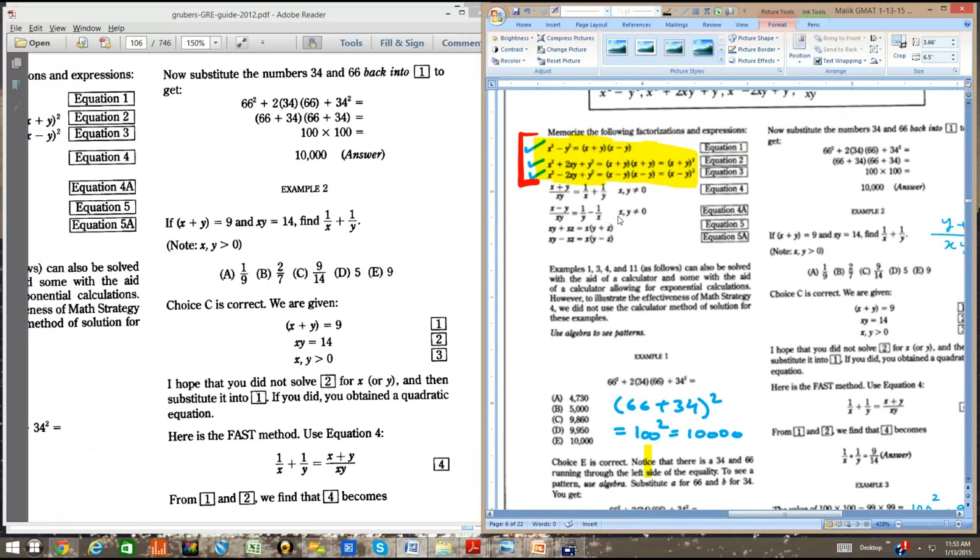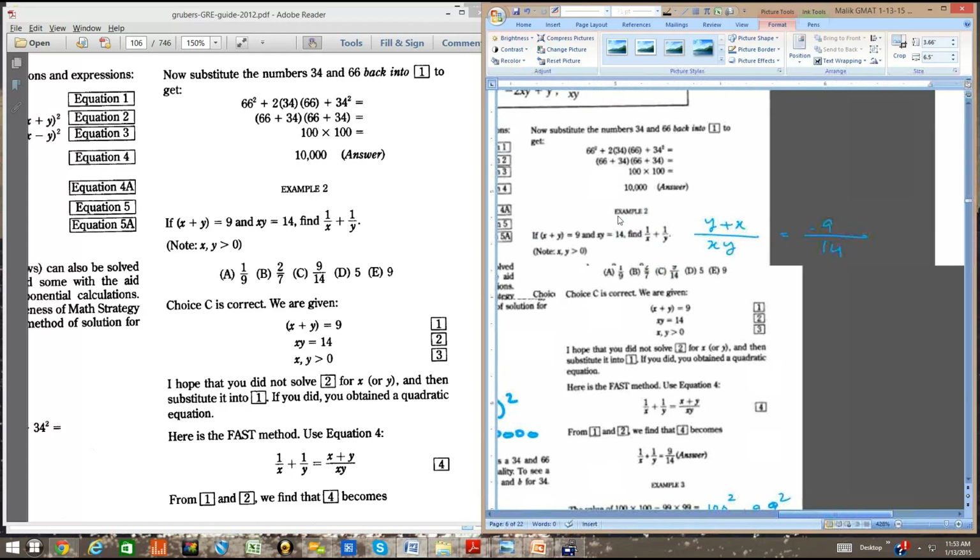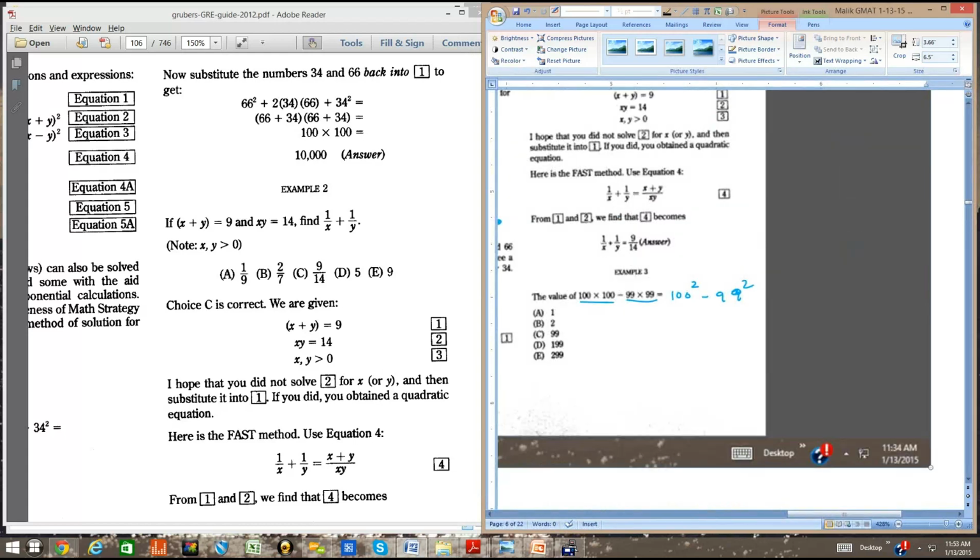Using that formula, this equals 100 plus 99 times 100 minus 99, which is 199 times 1. So it's just 199. You didn't have to write anything. You could do it in your head in 2 seconds. Make sense?